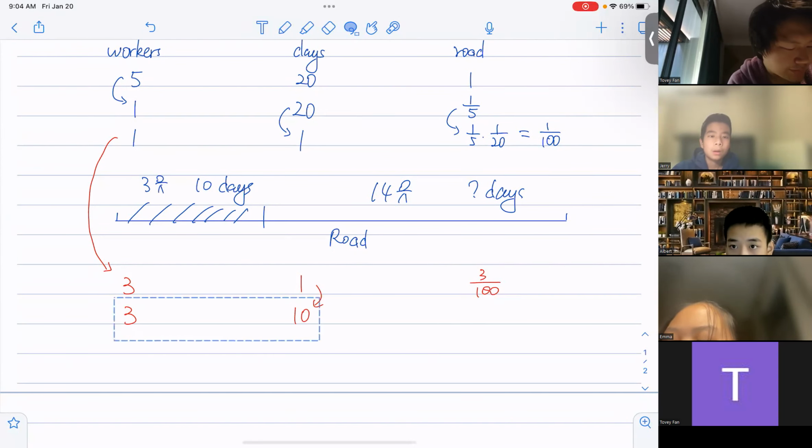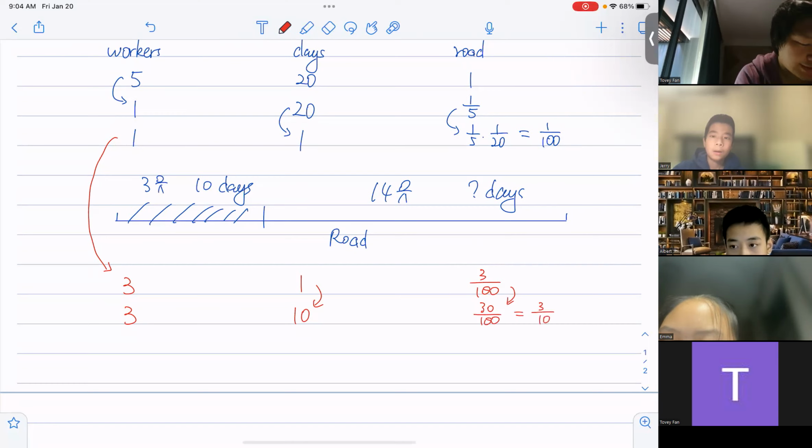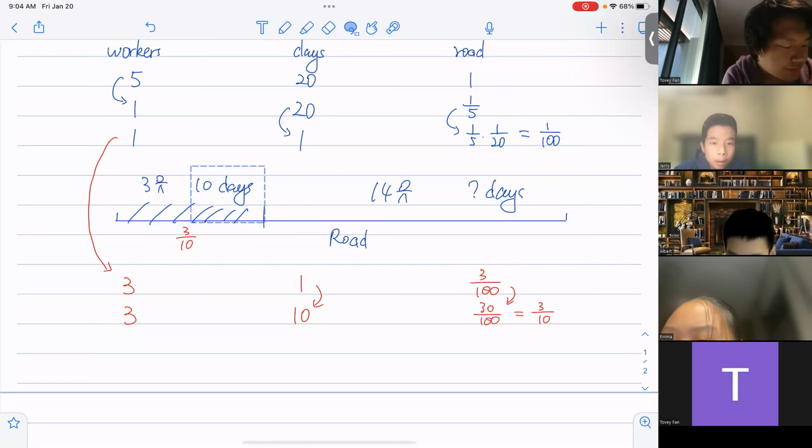So that means 3 people in 10 days, they've been working 10 days, so you times by 10, right? So the amount of work finished will be 30 over 100, or in other words, 3 out of 10. Okay, that makes sense? So this tells us that 3 people in 10 days finished 3 out of 10 of the entire road.